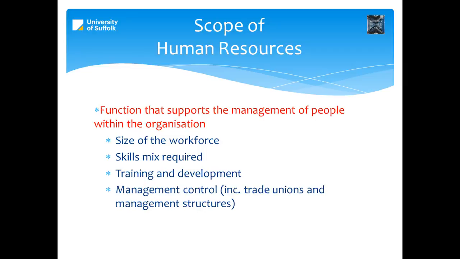Management control, thinking of things like trade unions and management structures. How do management control staff? Do they need training? What type of structure does the organisation have? And evaluating and analysing policies and procedures, particularly thinking of any changes in legislation as this arises.